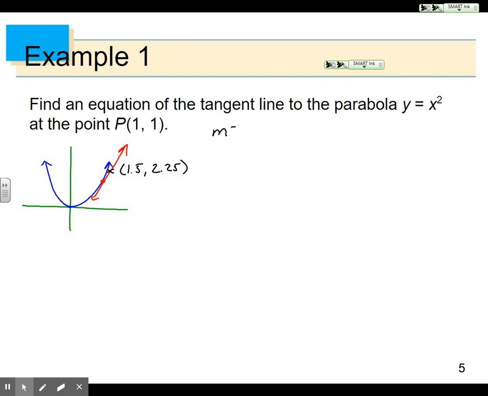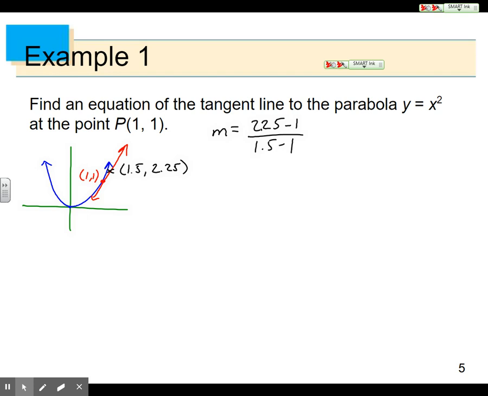All right. So we said this red dot right here is the point (1, 1). So if I find the slope between these two points, I am using 2.25 minus 1 over 1.5 minus 1.